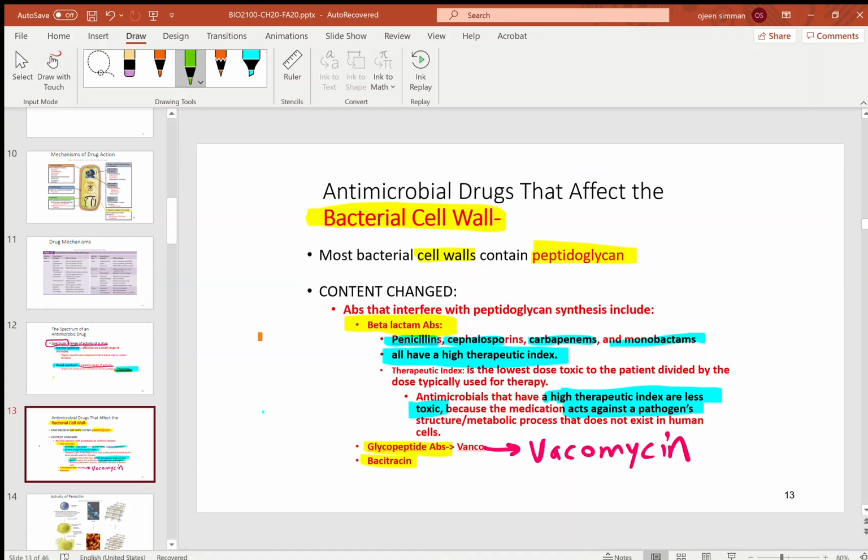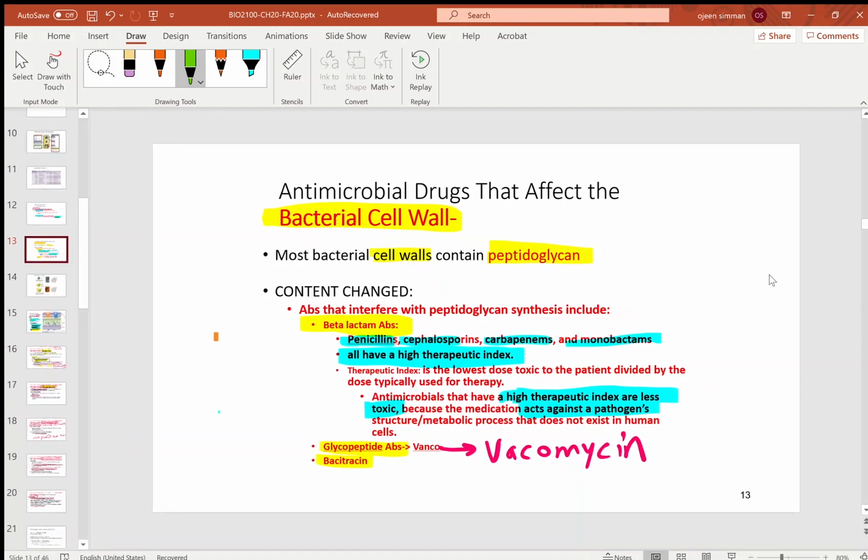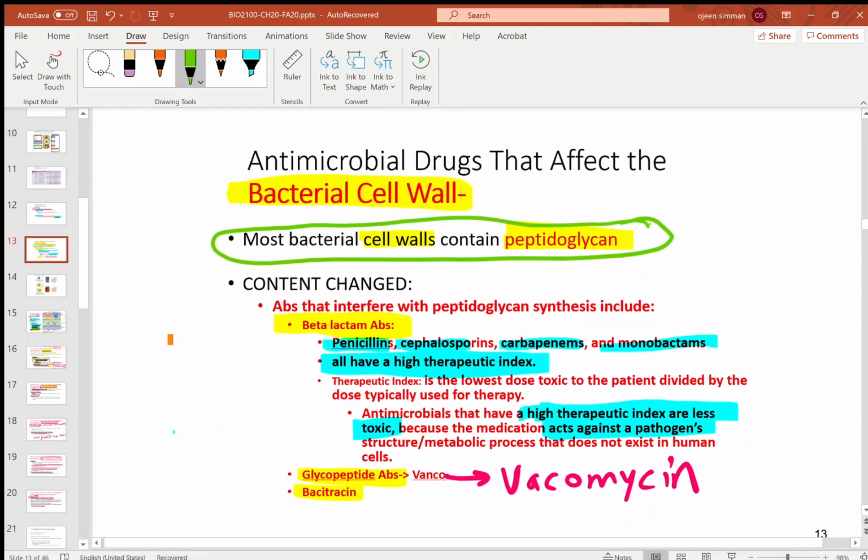Okay, so let's get into this. Drugs that affect bacterial cell wall. Remember, most bacteria cell walls contain peptidoglycan. Antibiotics that interfere with peptidoglycan synthesis include the beta-lactam antibiotics.